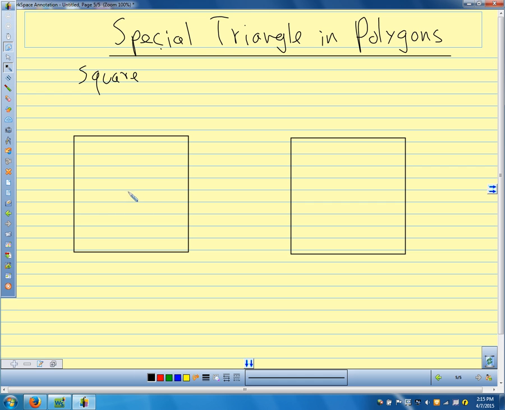And we can talk about the center of a square. We can talk about the apothem and the radius of a square, just like any other polygon. And this is half a side.